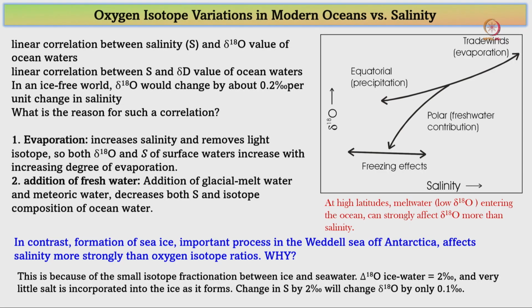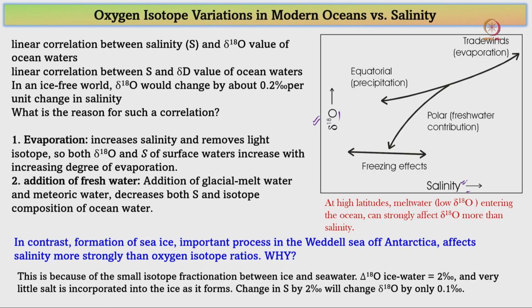Now, let us see what kind of processes can cause the delta 18O of the ocean to change. Here we plot the delta 18O with the salinity. Why? Because in the ocean these two are very important factors, since this is our parameter of interest, and another significant parameter is the salinity of the ocean.